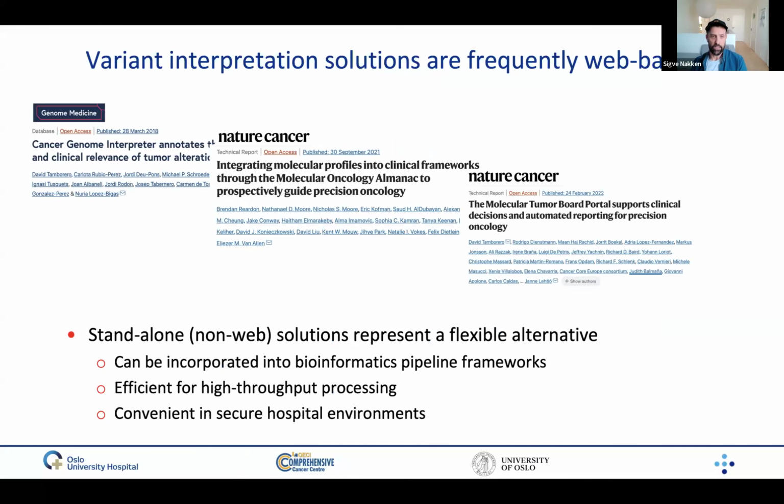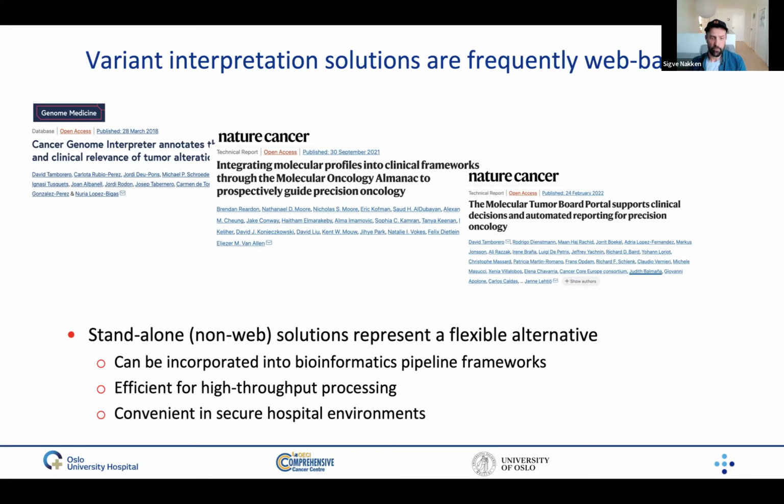So as many of you probably are aware, there are a lot of interpretation solutions available. And they are typically web-based. So you have the Cancer Genome Interpreter from Barcelona, and then you have the Molecular Oncology Almanac in Boston, and the Molecular Tumor Board Portal, which is now hosted by SciLifeLab in Stockholm.